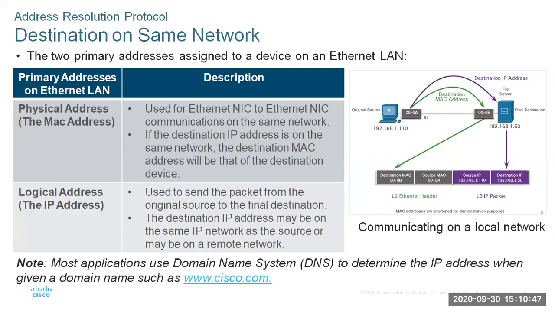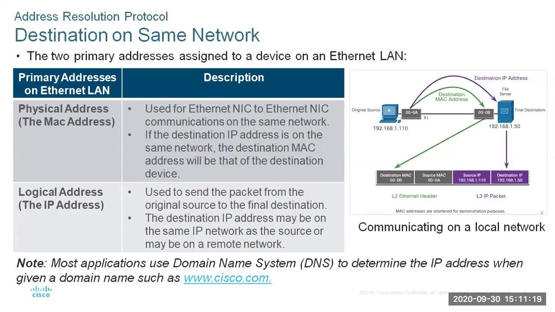When we talk about Address Resolution Protocol, we are going to be looking at both the MAC and the IP. The MAC address is the address that is used at the data link layer of the OSI model, or the network access layer of the TCP/IP reference model.